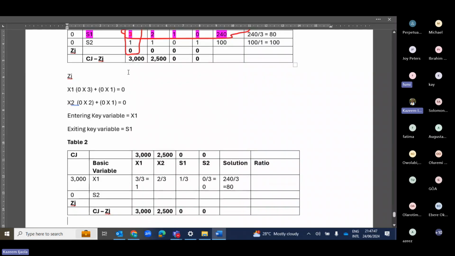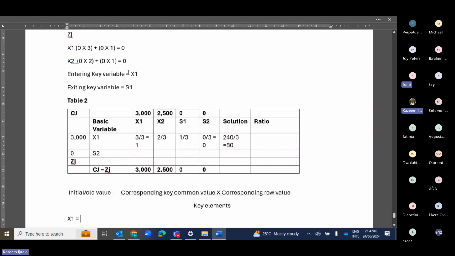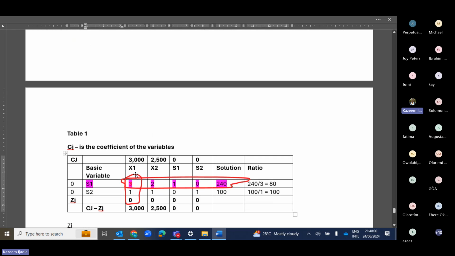So I'll bring in this 1 here, minus the corresponding key column value. The key column value is this particular column that you have circled here. Everything under this 3000 is a key column, so this one itself is a key column value.